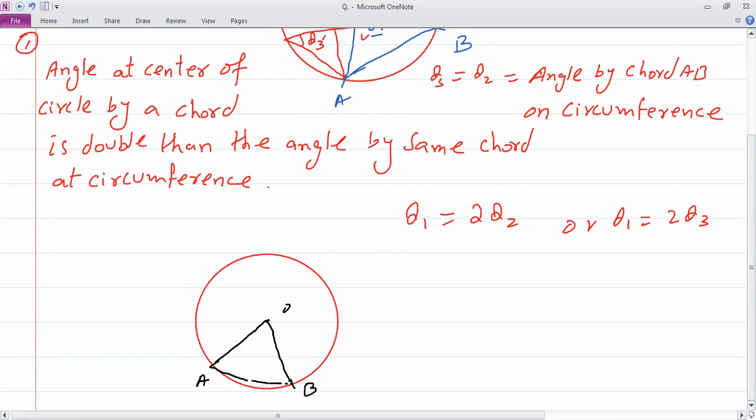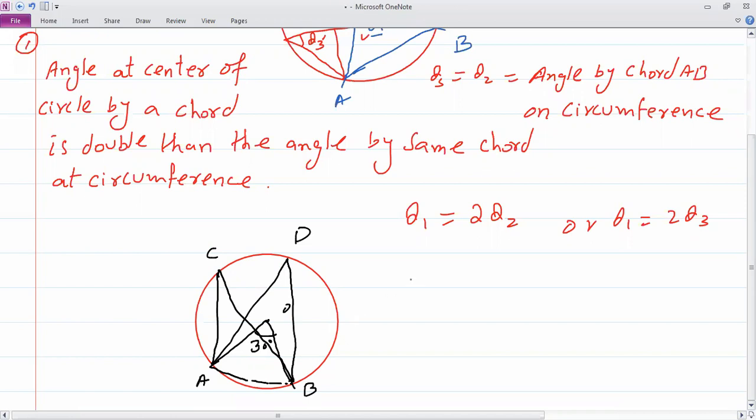Let's say this angle is 30 degrees. And now if the same chord makes an angle here, let's say this one is C. And let's say the same chord makes another angle here. Let's say this is D.